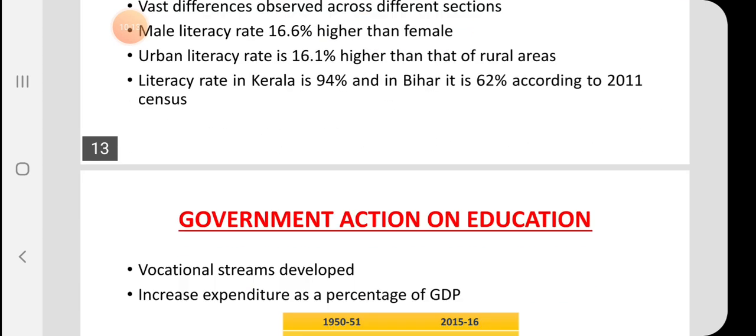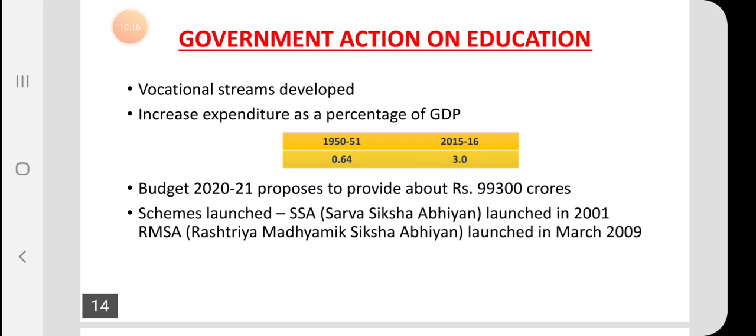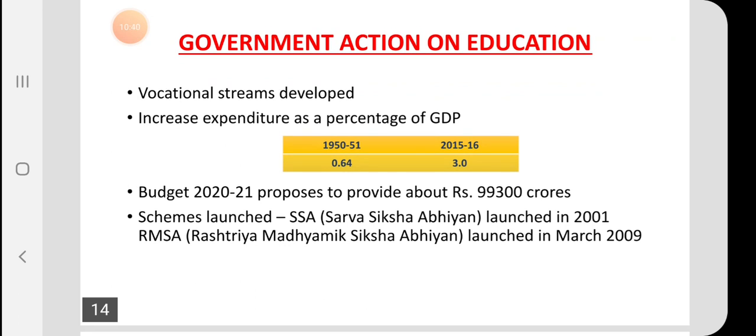So what did the government do in order to develop the education sector? The government has introduced vocational streams at the secondary education level so that our children can be fit into the area where they are suitable. Because of that, the government has increased expenditure as a percentage of gross domestic product, GDP.